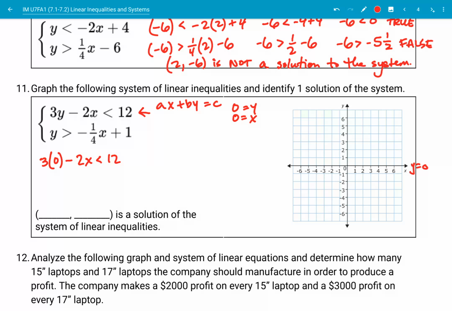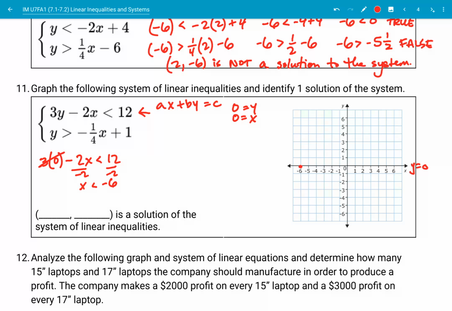This part is 0, so negative 2 times x is less than 12. If I divide both sides by negative 2, I get x is less than negative 6. So now I know my x-intercept is here at negative 6.